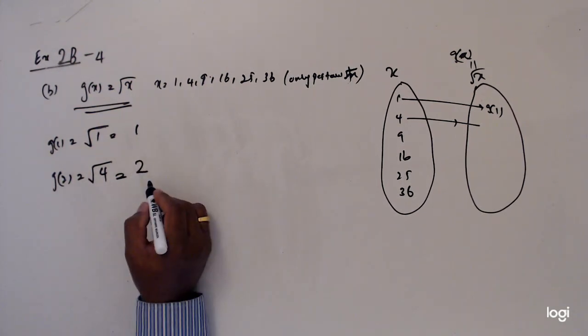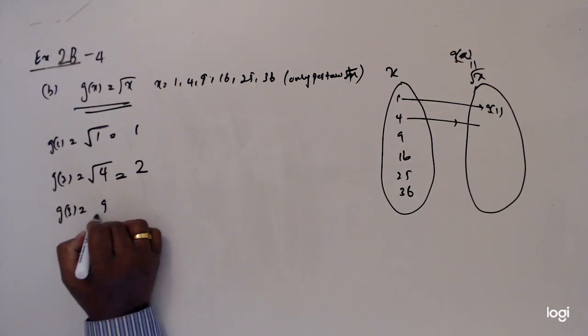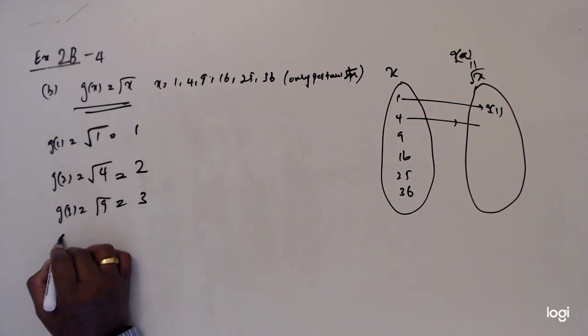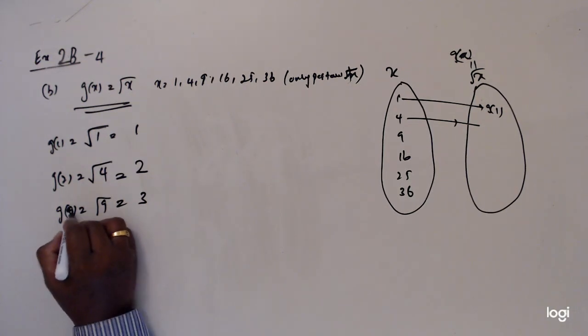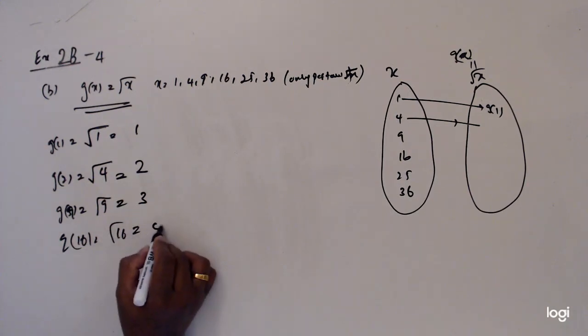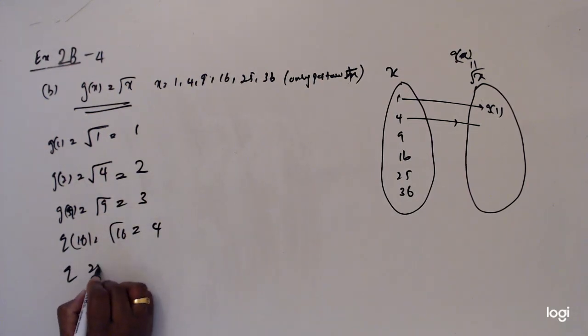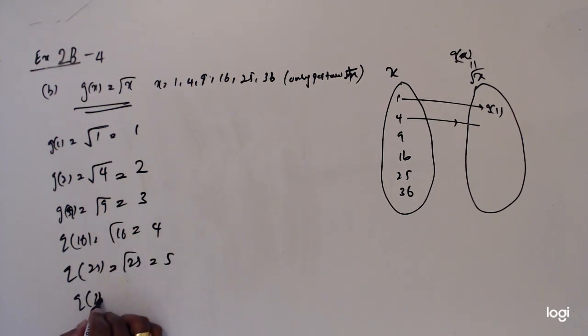This is going to be 2. So g(9) equals 3, g(16) equals square root 16, which is 4. g(25) equals square root 25, which is 5, and g(36) equals square root 36, which is 6.